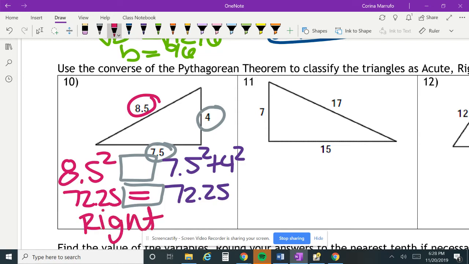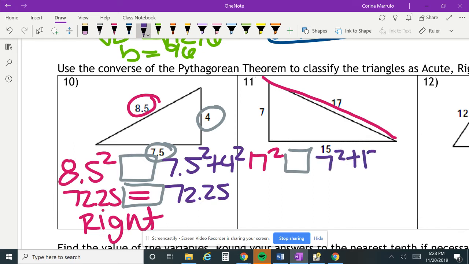All right, we do the same thing for the next one. So this is 17. So 17 squared, we're going to see what sign is going to go in the middle. And we're going to do the two smaller sides, which are 7 squared plus 15 squared. So we plug that in our calculator, and that gives us 274.